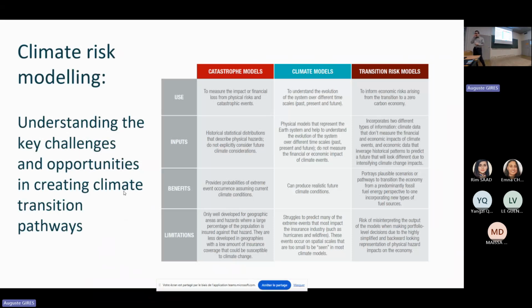It's climate risk modeling. Okay, so in climate risk modeling, because we are trained as civil engineers, the area we work with is usually called catastrophe modeling. So we use historical data, we identify some statistical properties from that, and then we use them to design.